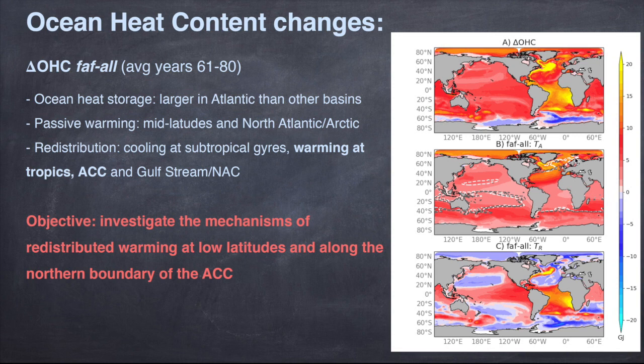And our main objective for this work was to investigate the mechanism of the redistribution warming at low latitudes and along the ACC, given that the North Atlantic effect of the heat redistribution has been fairly investigated before.